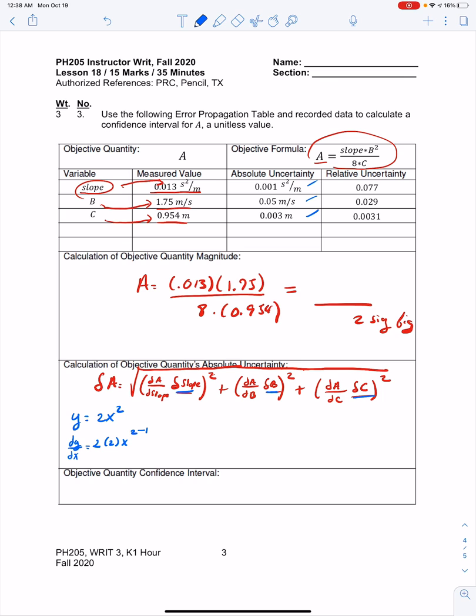So I bring this, notice what I did. I bring the original 2 down, and I subtract the power of 2 by 1. And I'm left with 4x.